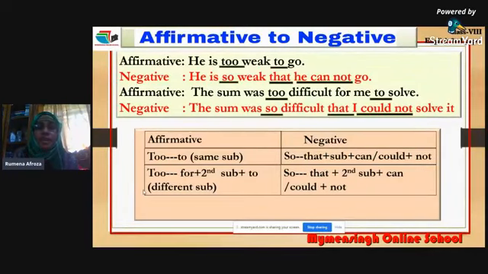If we find the same subject, it is only: He is so weak that he cannot go. If we find different subjects, you write for and the subject. If it is a pronoun, it will be in object form. If it is a noun, then for the noun. Okay, student.